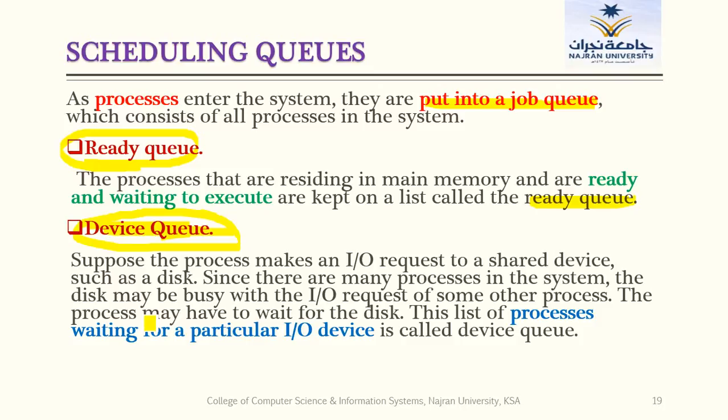The list of processes waiting for a particular device is called the device queue. So we have to put the process in that queue. When its request is fulfilled, we move this process again to the ready queue, the ready state, and from the ready state it will go to the running state. So we have two types of queues, ready and device.